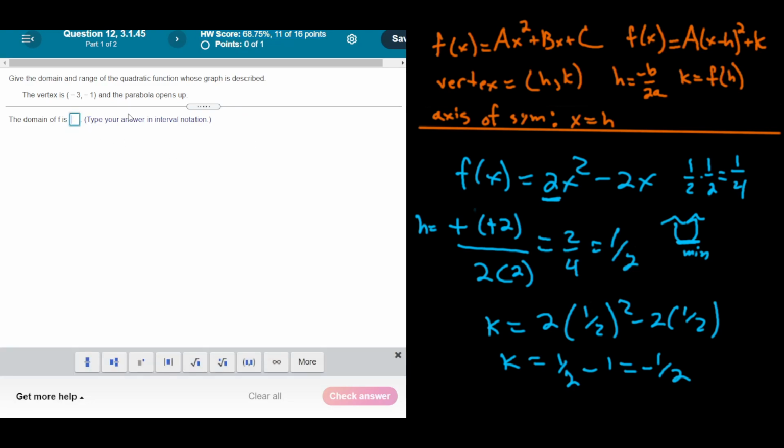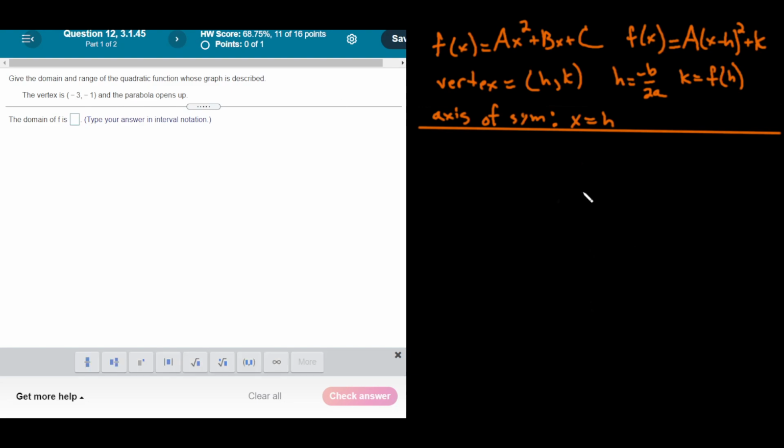All right, give the domain and range of the quadratic function whose graph is described. Okay, the vertex is negative 3, negative 1. Parabola opens up like what we have over here. So it opens upwards. So it's your k to infinity for your range.